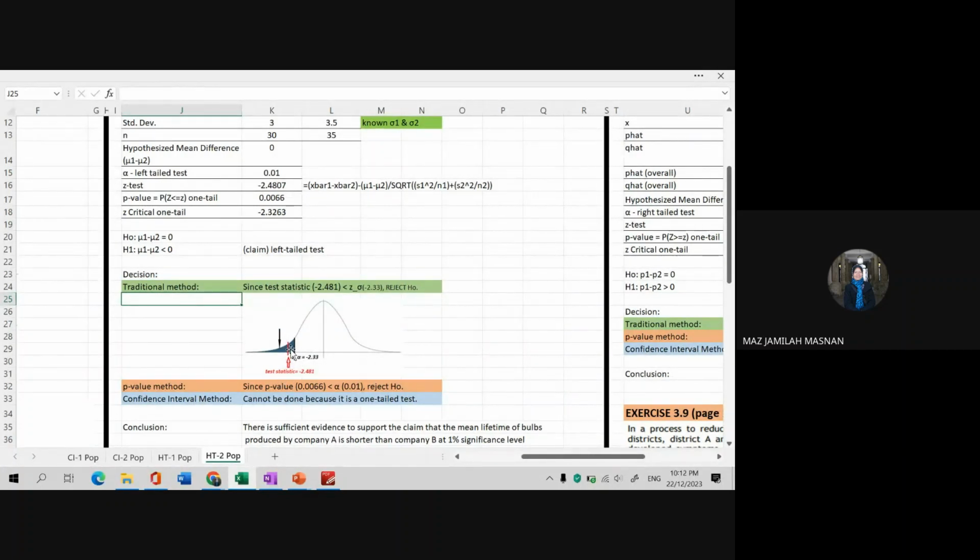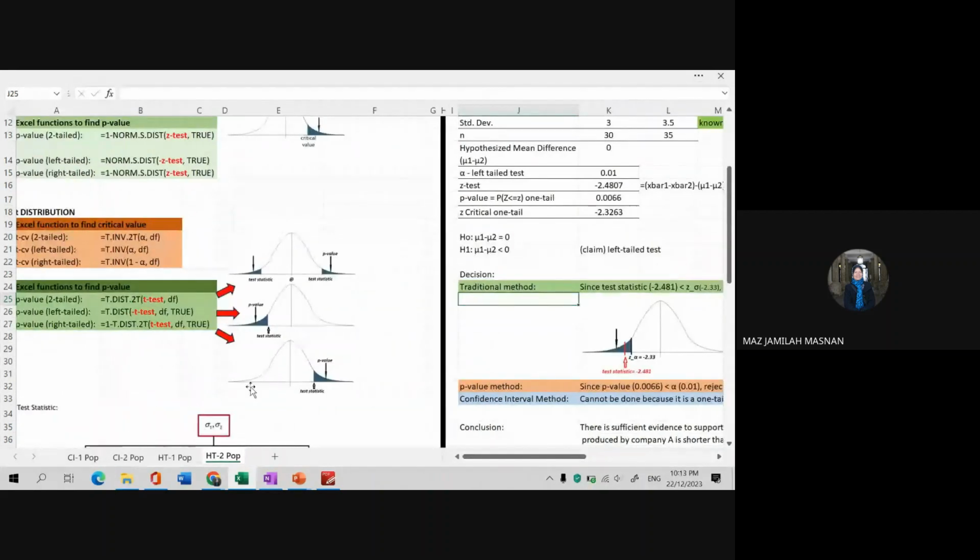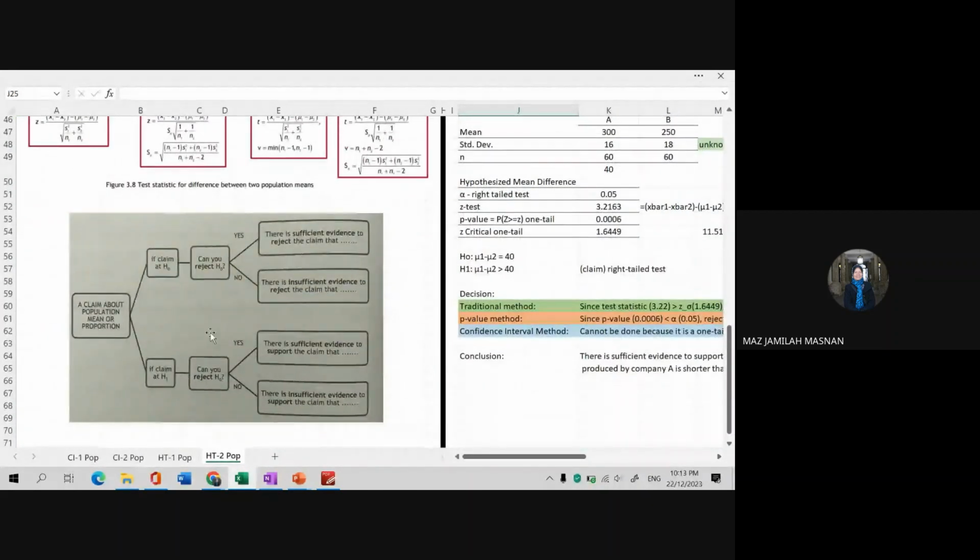Again, remember rejection region and non-rejection region. In this case, since the test statistic is smaller than the Z alpha, we reject the null hypothesis.